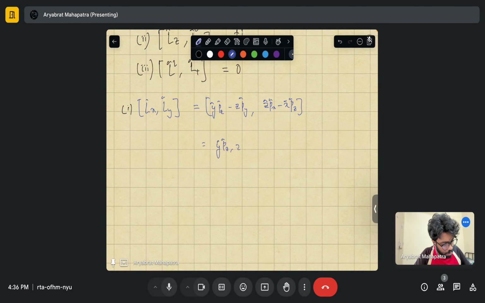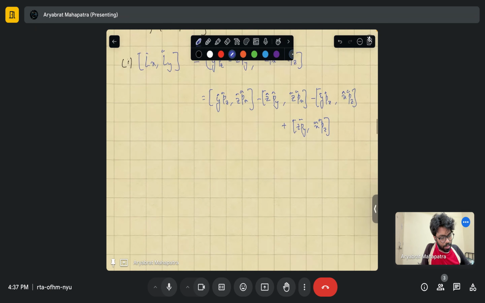Y Pz Z Px, then minus Y Pz X Pz, then minus Z Py Z Px, and at last plus Z Py X Pz.